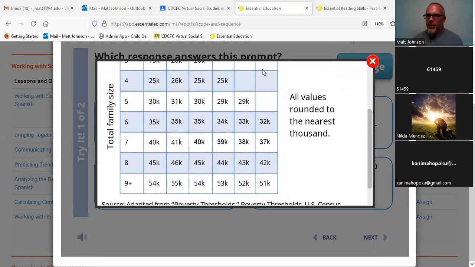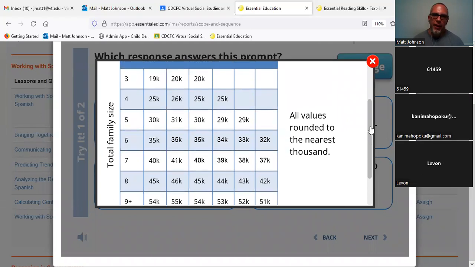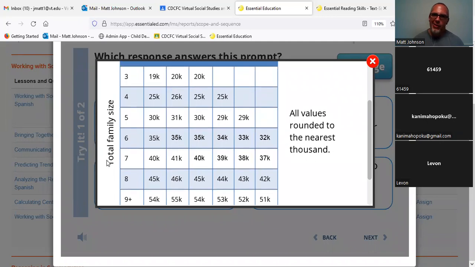it's based on a lot of that data that they compile, for one, on household size. So what we have here, you'll see our y-axis going up and down here on the side, total family size, and it goes from 3 to 9 plus members in your household.